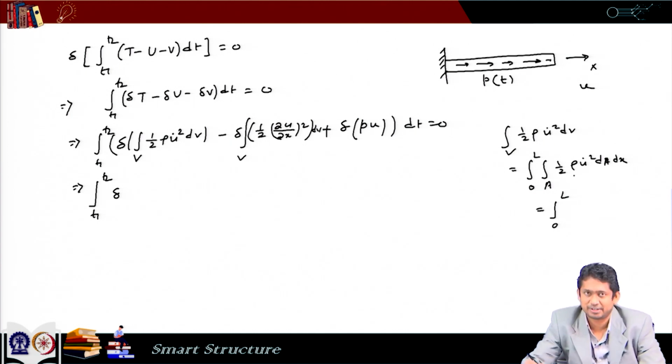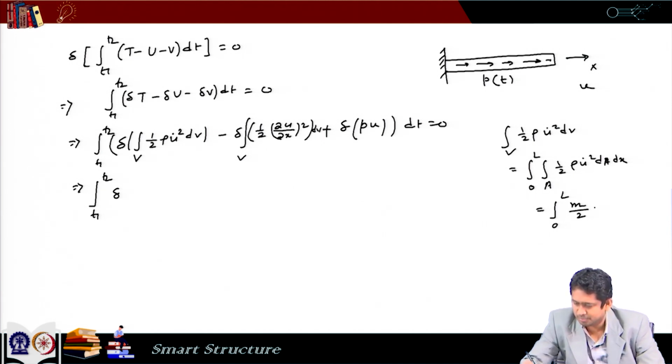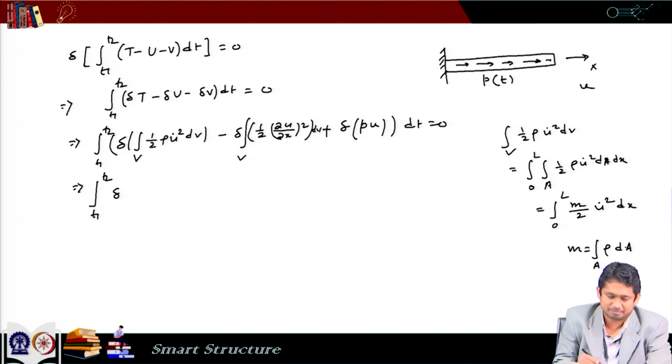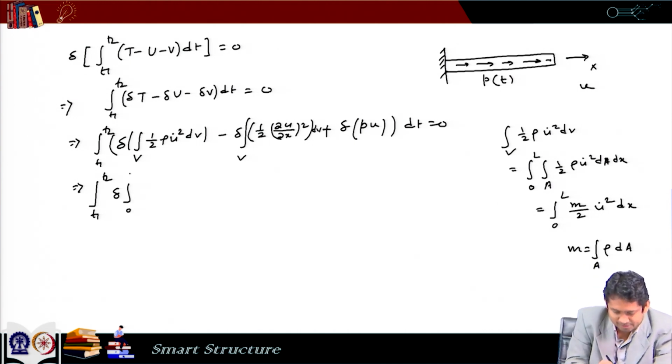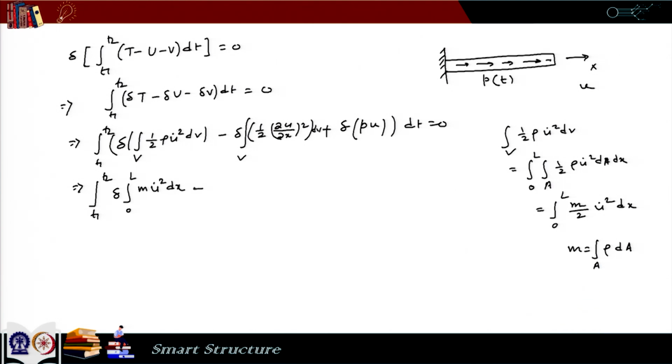So, the beam has a cross section of area A, and if we integrate rho over that cross section, we can call it m. m is mass per unit length, and then it becomes m by 2 u dot square dx, where m is equal to rho integrated over the cross section. So, this can be written as dx, and then we have this, we already know that this can be written as, and sorry, we have E here also, the elastic modulus.